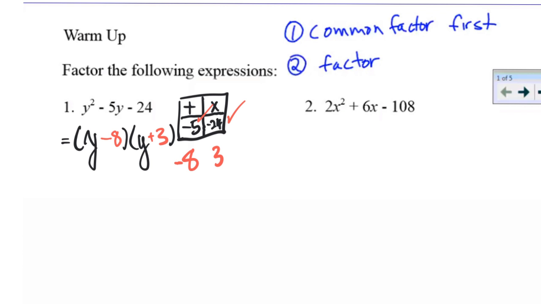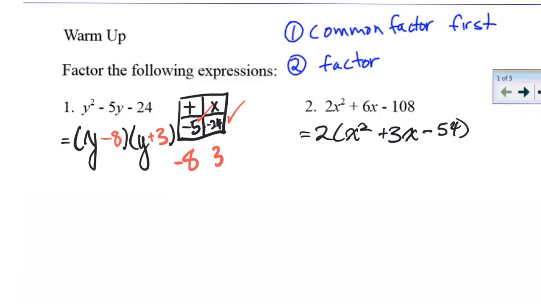In this case, 2 divides everything, so let's pull out a 2. We end up with 2, then x squared plus 3x minus 54. So our problem becomes x squared plus 3x minus 54.